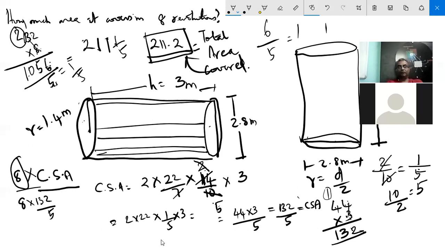Especially the diagrams you should take down correctly. Yes, sir. Finished?